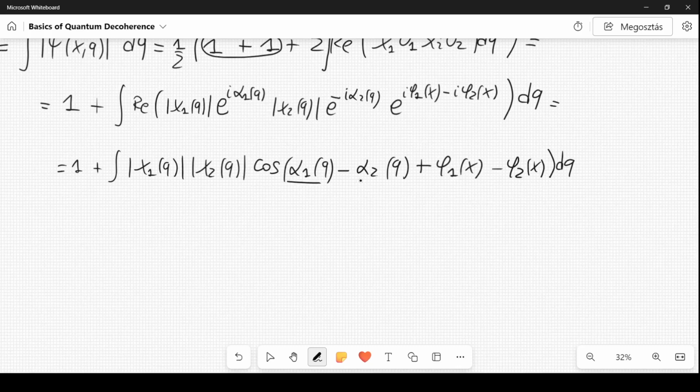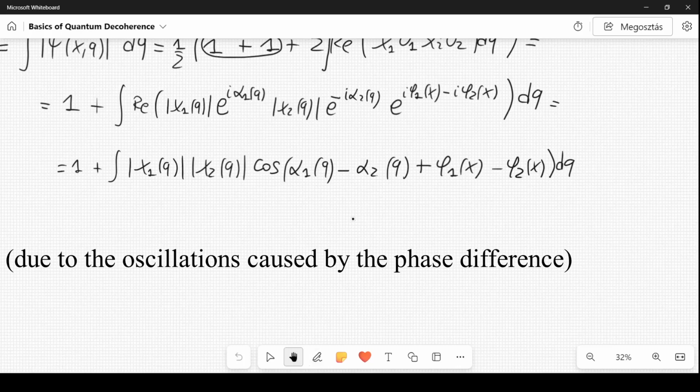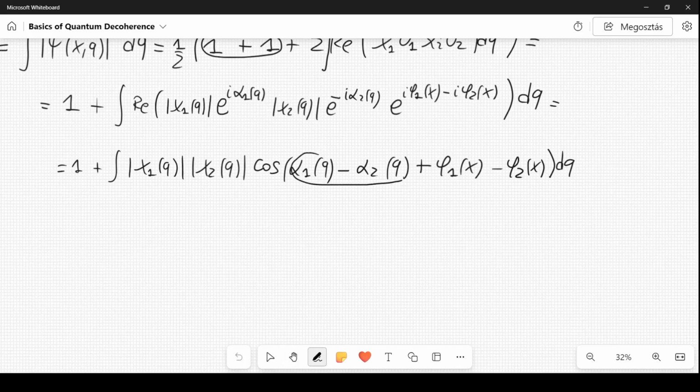And if these phases are very different from each other, when we sum over all of the possibilities, the integral, this sum of cosines will go to zero. So it will be a small number if that's the case. But on the other hand, if this phase difference is constant, then we do not get zero, right?